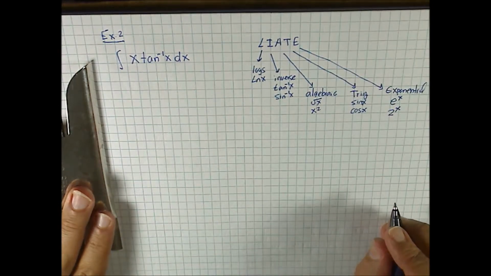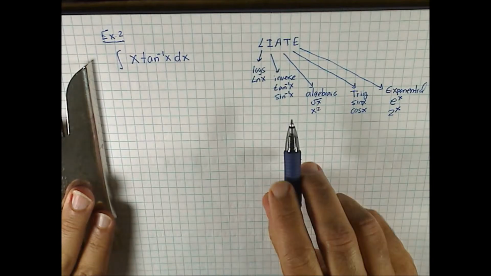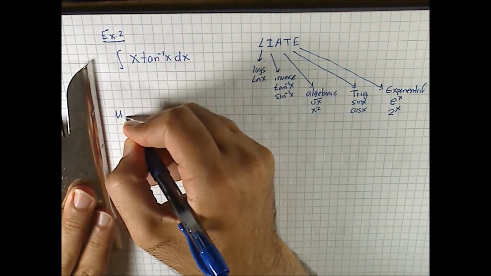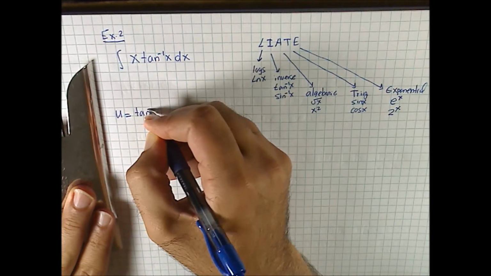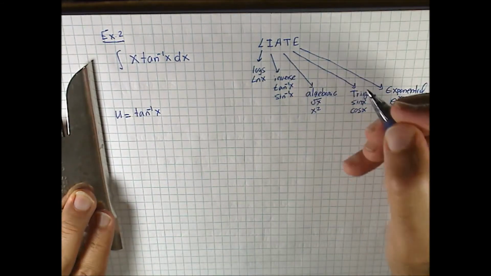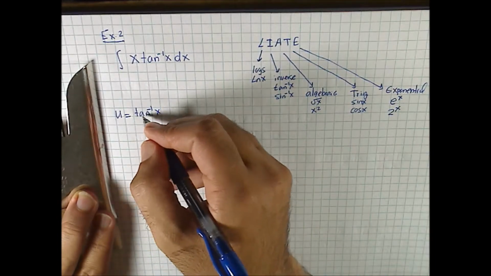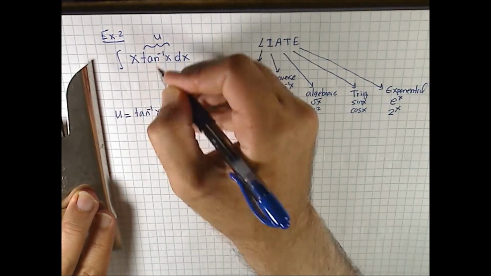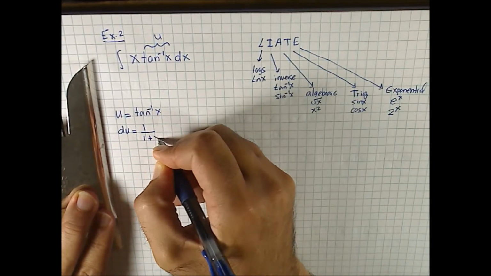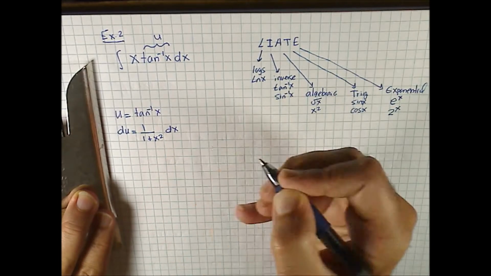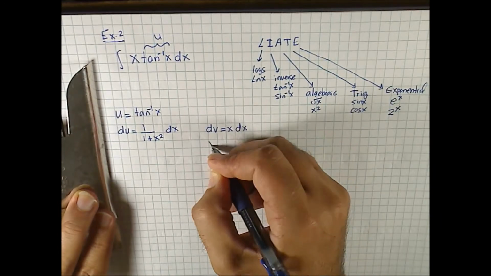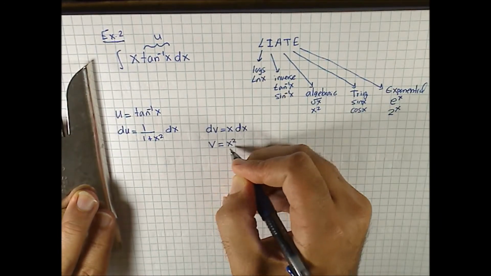Alright, so in this case, we can see that inverse trig function comes before algebraic, so the first choice for u is let u be equal to tan inverse x. And I should say that the LIATE principle, this strategy, gives you the first choice for u. Alright, so u equals tan inverse x. du is 1 over 1 plus x squared dx. dv is x dx. v is x squared over 2.